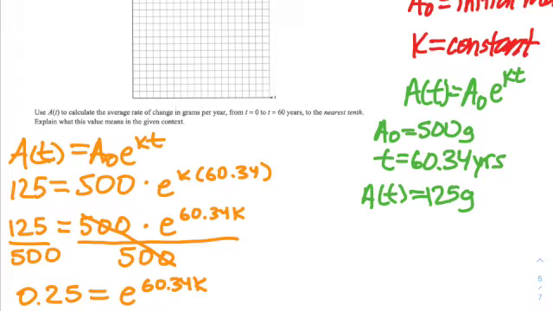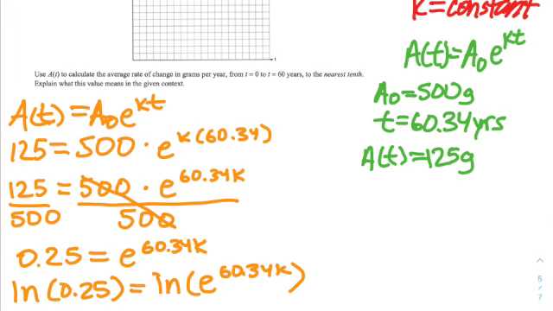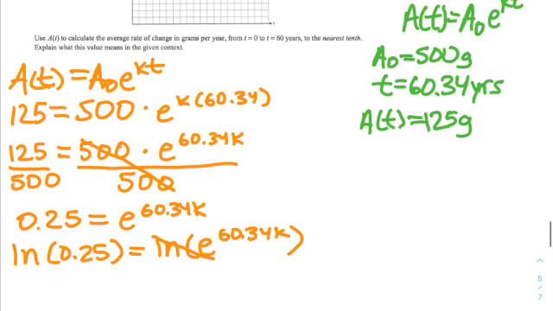Okay. Now our next step is we want to neutralize this e. So one way that we can do that is we can take the ln of both sides. Okay, so if we take the ln of the left side, so ln of 0.25, and then the right side, ln of e to the 60.34k. Okay, this cancels out the ln and the e. Right, so now we just have 60.34k.